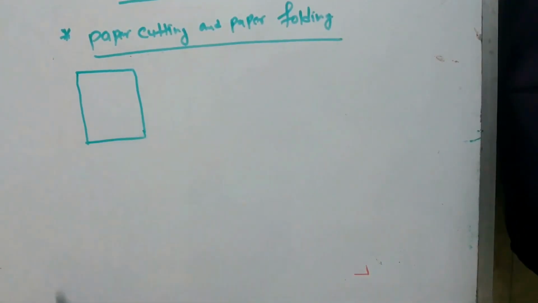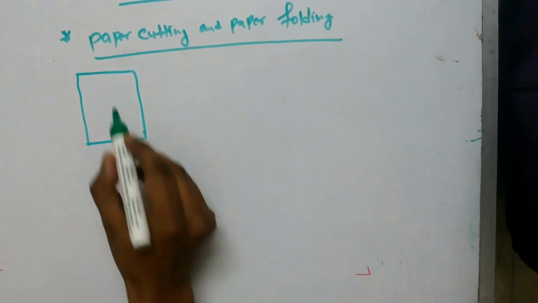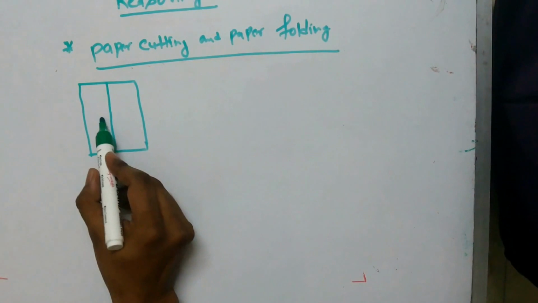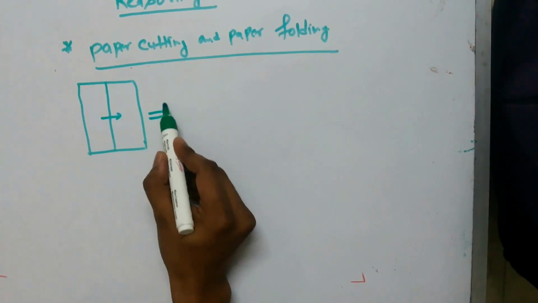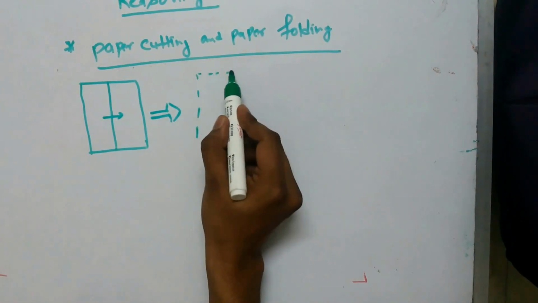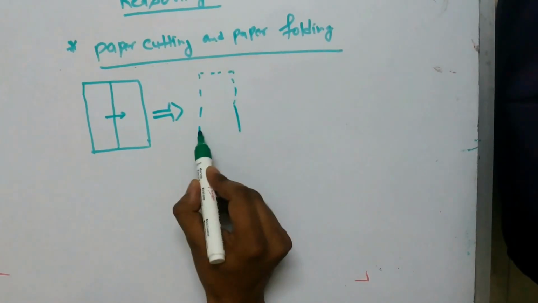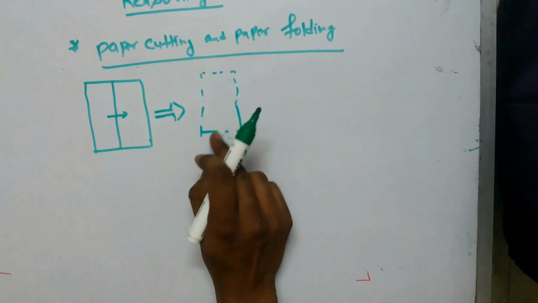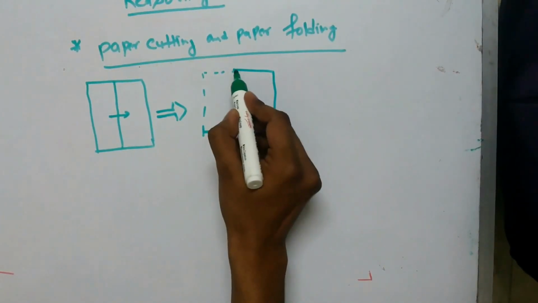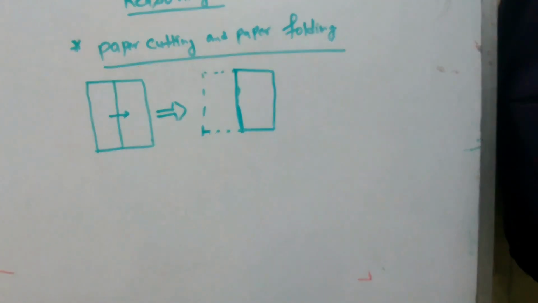I am taking a rectangular paper and now folding it from the middle. How will it look? It will look like this.